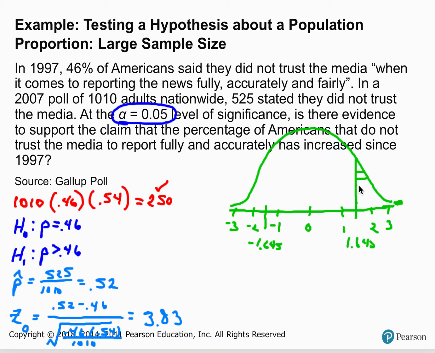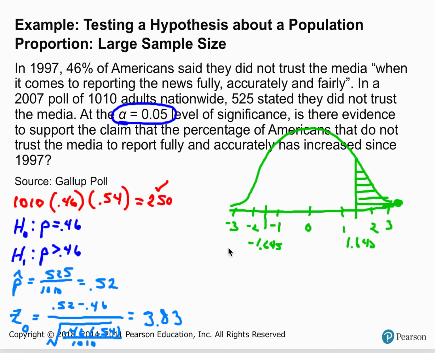Any values we get for our test statistic that fall in this region, we're going to reject the null hypothesis. And our value was way over here. So our conclusion is there is sufficient, statistically significant evidence, at the alpha equals 0.05 level of significance, to conclude that the percent of Americans that do not trust the media has increased since 1997.